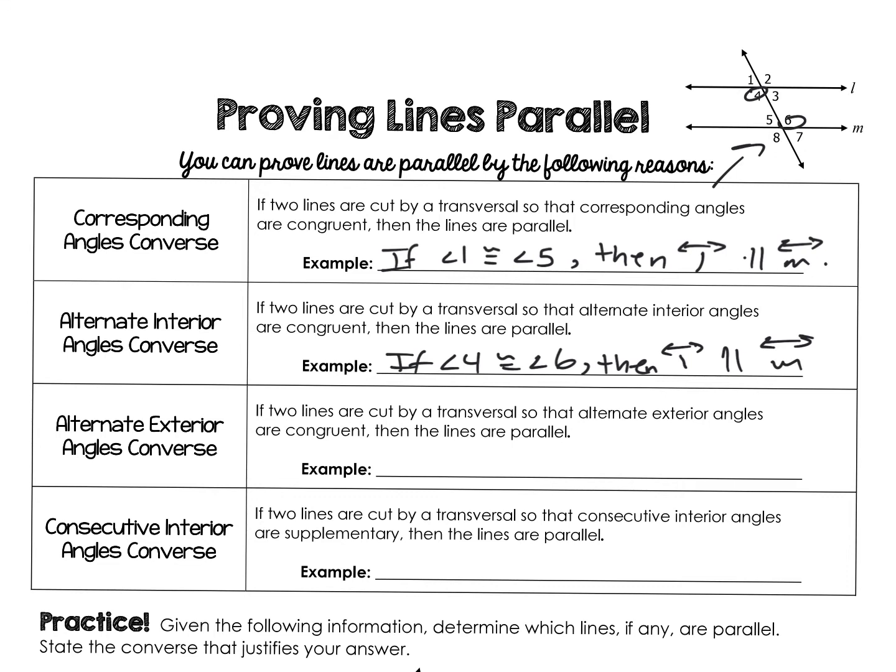If two lines are cut by a transversal so that alternate exterior angles are congruent, then the lines are parallel. So we could say if angle 2 is congruent to angle 8, then line L is parallel to line M.